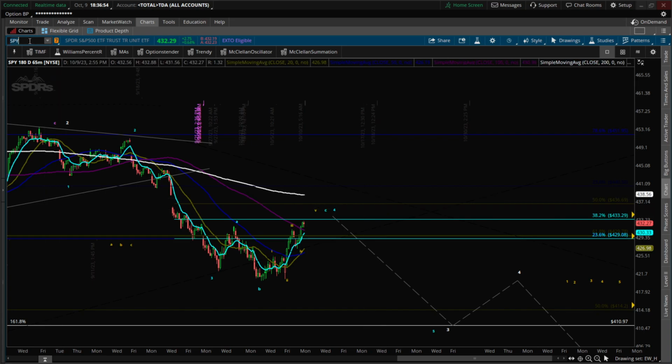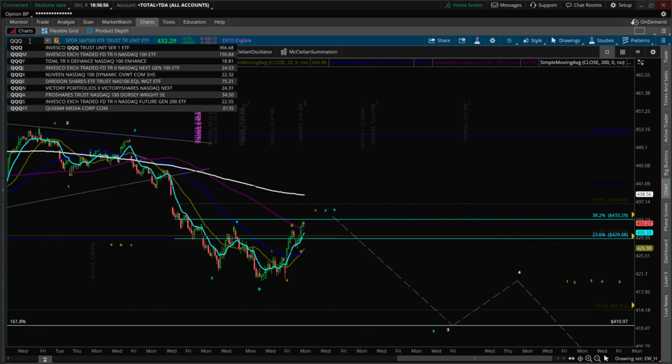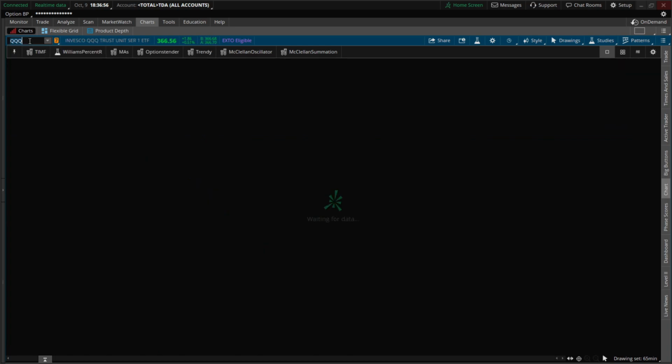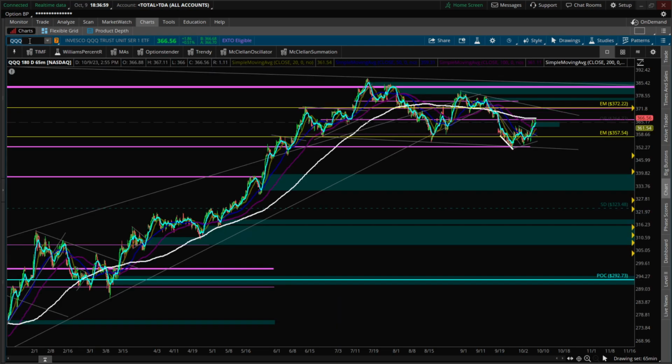Okay, let's check out QQQ. Now, QQQ has been strong through most of the moves here. And when I say strong, yes, we're in a downtrend, but it's been holding up really well. So I suspect that we have a leading diagonal for QQQ, meaning that all 5 waves to the downside should be 3-wave patterns.